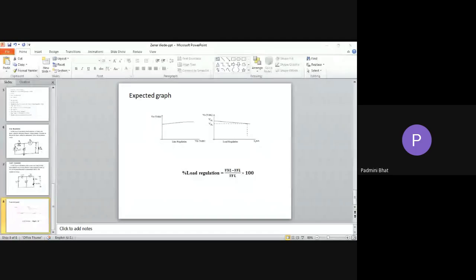Ready to unmute yourself. Ashna Kotian. Ashna, unmute yourself. Ashna.